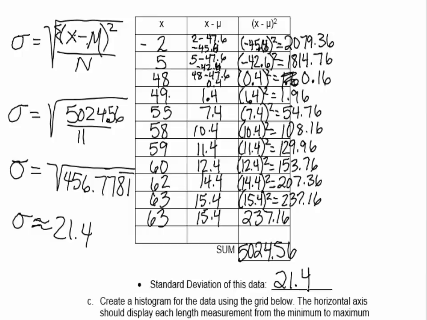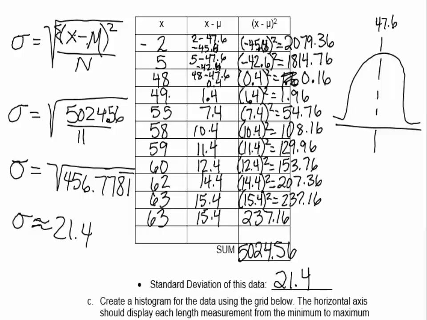Now, Jonathan's asking how we know what's an outlier. Standard deviation kind of tells you what a normal distribution would be. Your mean is in the middle, so this is 47.6 right here.